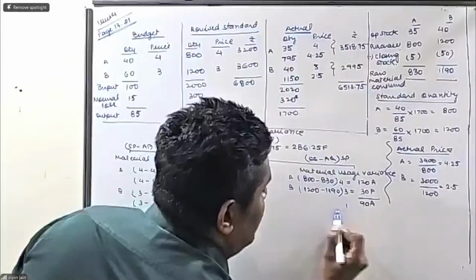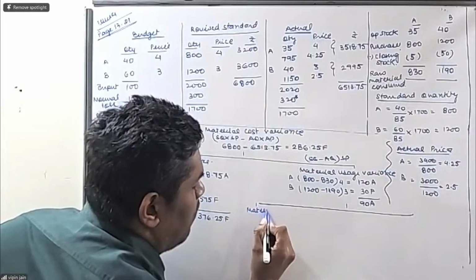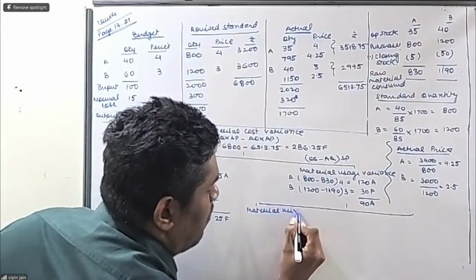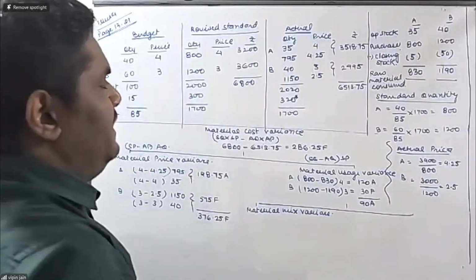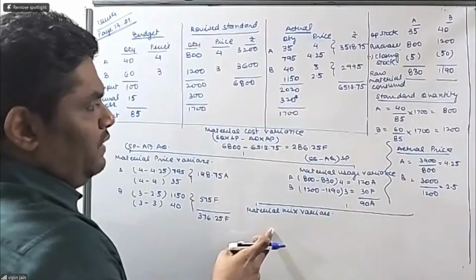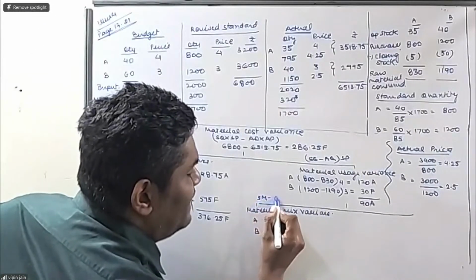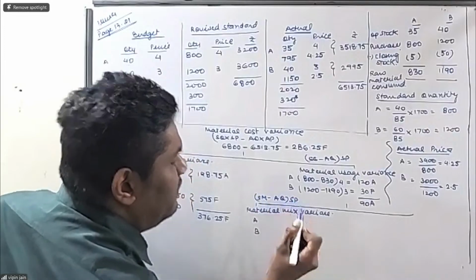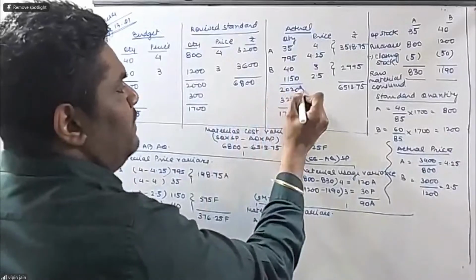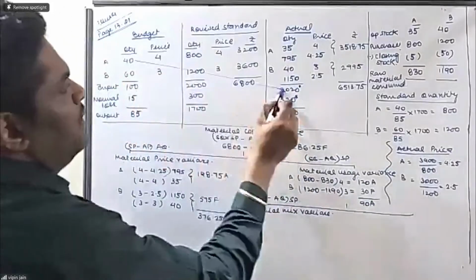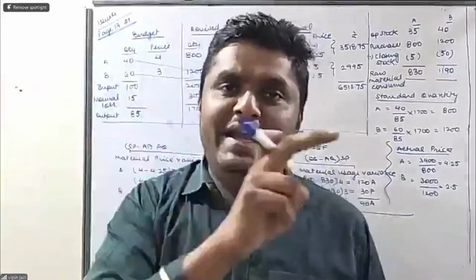Further, again, two parts: material mix and yield. So when talking about material mix variance, it is standard mix minus actual quantity into standard price. So see, 2020 is my total input. Don't make these lines during exams.